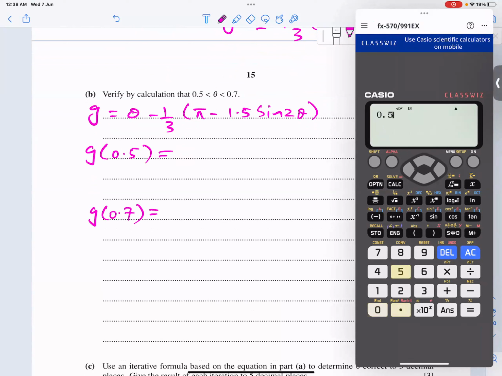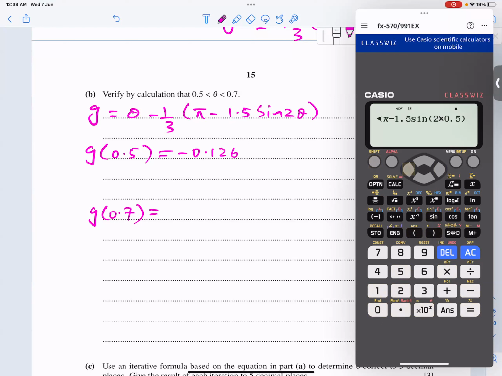So 0.5 minus 1/3 of pi minus 1.5 sine of 2 times 0.5 gives negative 0.126.